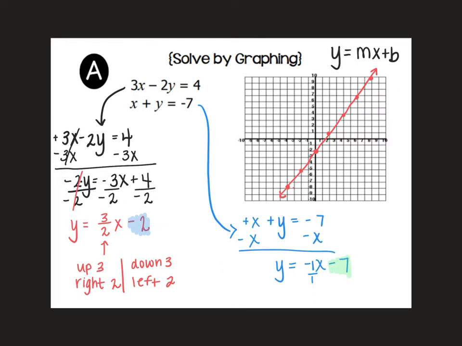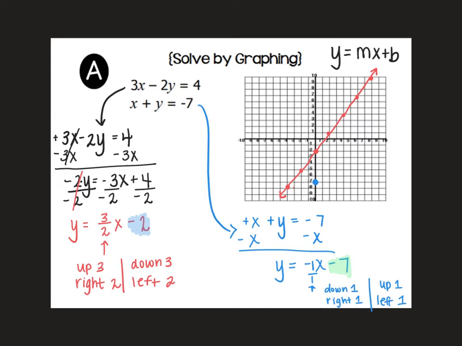This time my y-intercept is negative 7, so I'm going to start by going down 7 and putting a point. And then I have my slope right here, which is negative 1. That means go down 1 and then right 1. Or you can do the exact opposite. You can go up and left. So it's really the same thing.